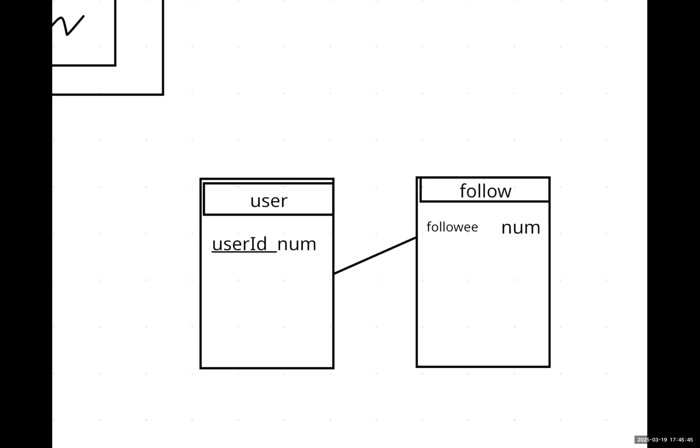Okay. All right. So we finished the first foreign keys here. So we first have the follow foreign key referencing the user ID, which is the primary key. Right?